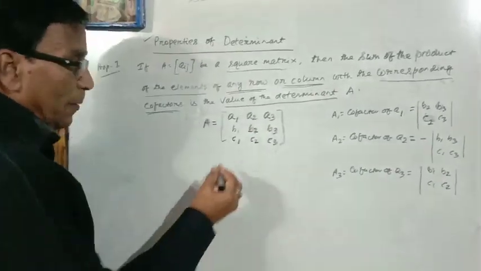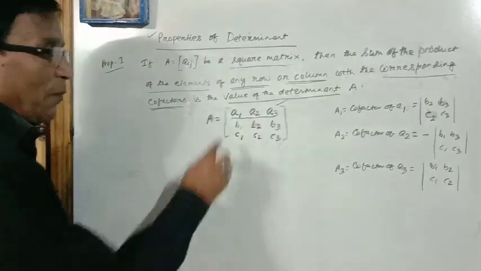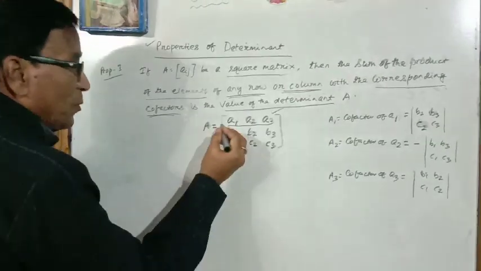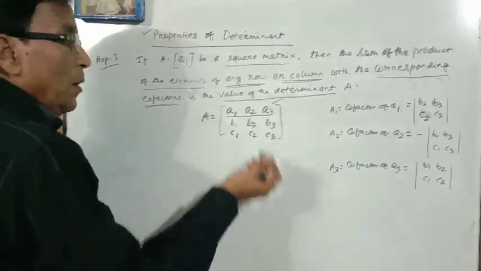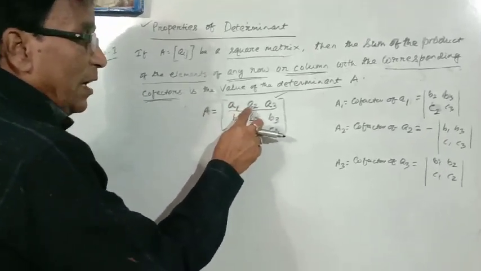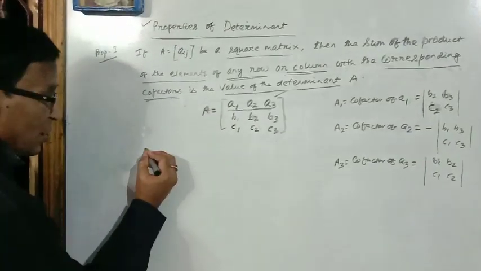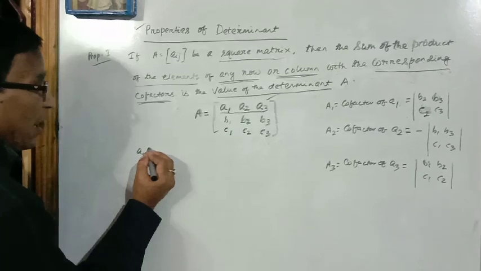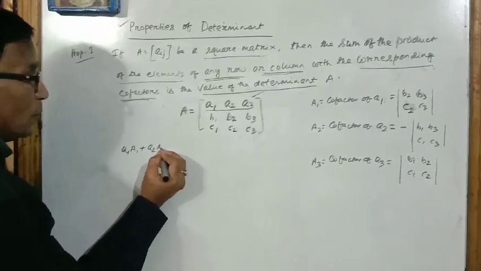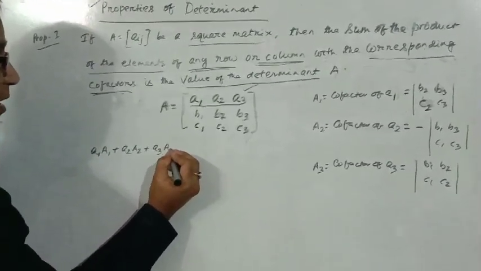That means here you see, we will take, for example, the first row a1, a2, a3. The sum of the elements of the first row multiplied with the corresponding cofactors of a1, a2, a3 is always the value of the determinant A. That means a1 into capital A1 plus a2 into capital A2 plus a3 into capital A3.